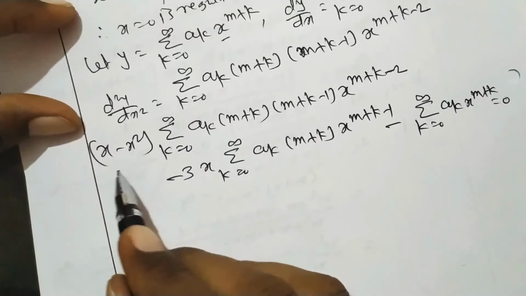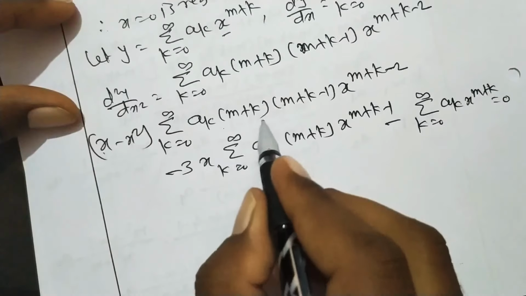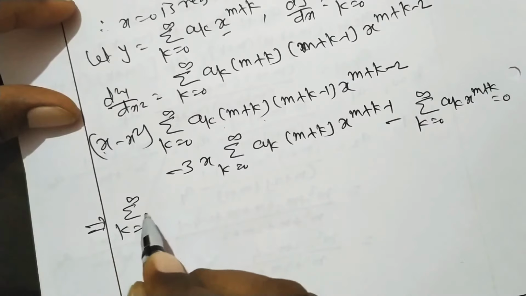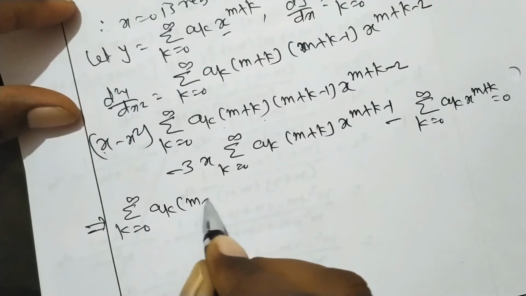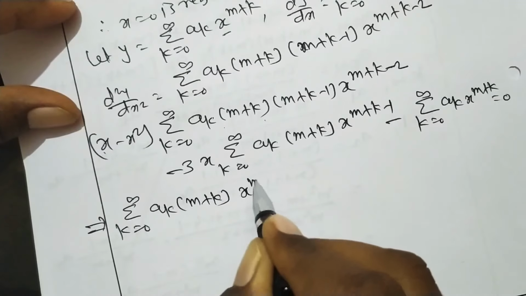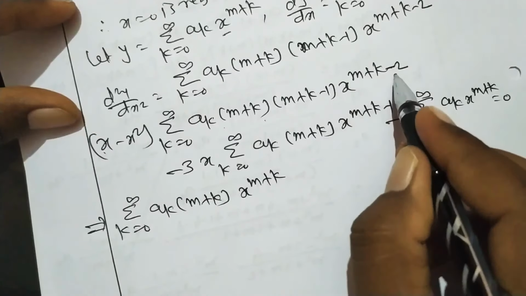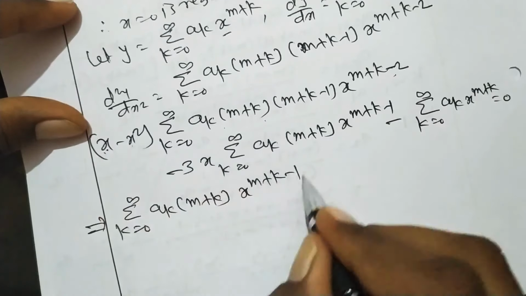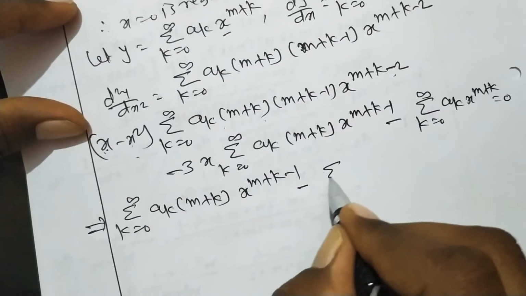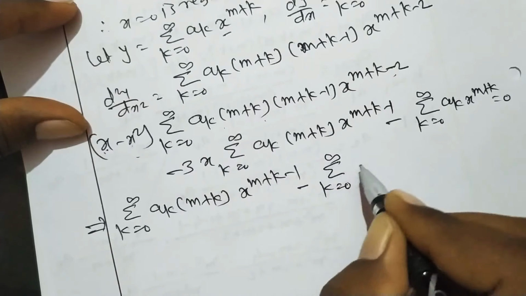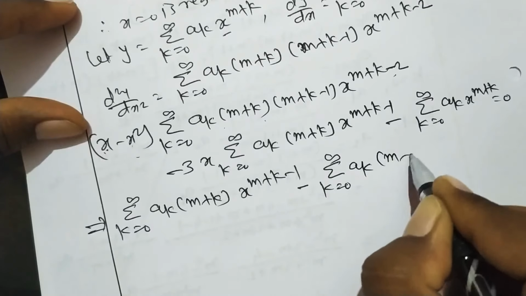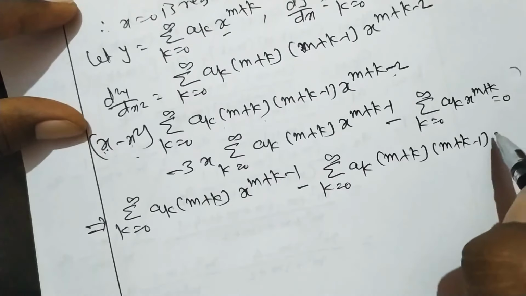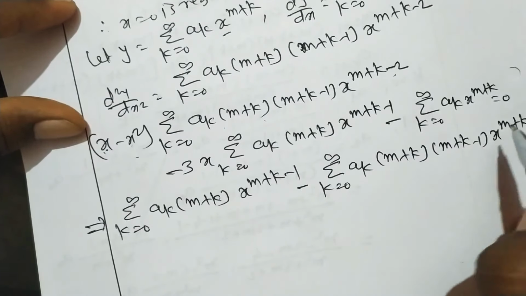Okay, now here x into this, separate this series, or x into this, that is the summation of k from 0 to infinity a_k (m+k)(m+k-1) x^(m+k-2) into x, that is plus 1, so x^(m+k-1), minus x² into this, that is the summation of k from 0 to infinity a_k (m+k)(m+k-1) x^(m+k) here.